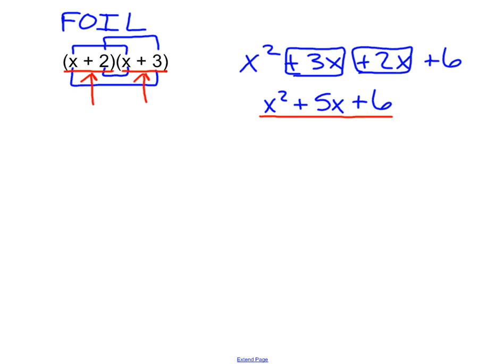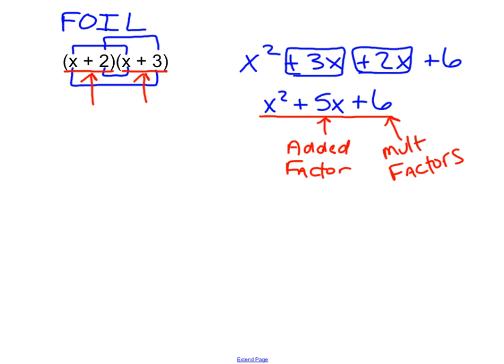The pattern is, I want you to notice that my b, which is 5, is my added factors. If you look at 2 plus 3, that equals 5. And then c here, which is 6, is the multiplied factors.